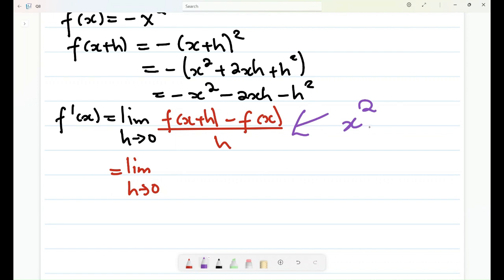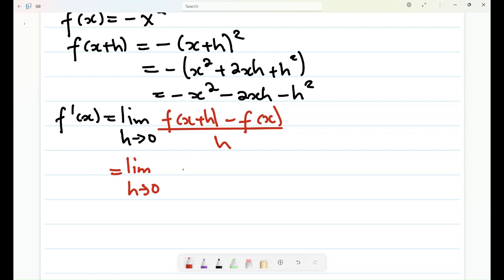It means when you simplify, you should not have something that has x squared. Even if your power is x cubed on the f of x part, it means you shouldn't have x cubed. All right, I believe that's all.